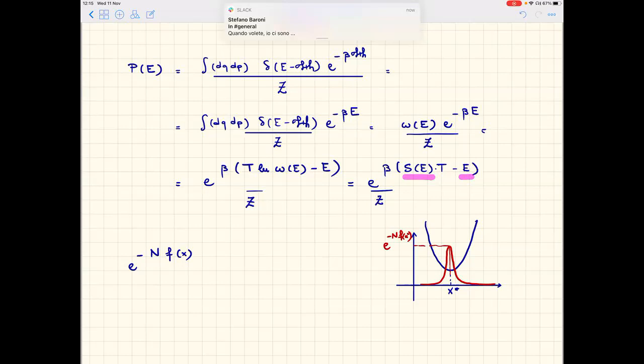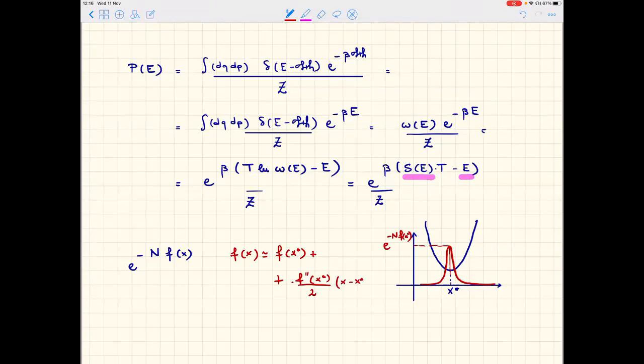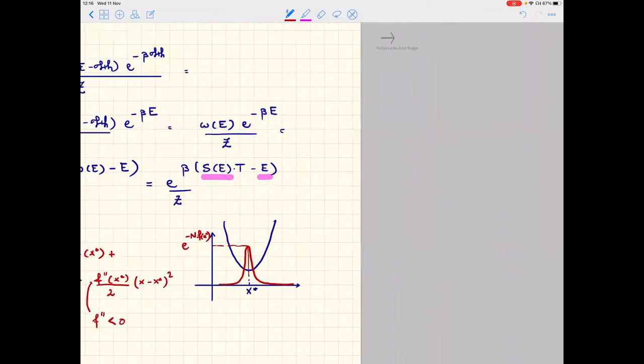Let me explain it in a different way. If I take f of x and expand it around x star, I will get f of x star plus f double prime of x star divided by 2 times x minus x star squared. Then you see what happens.